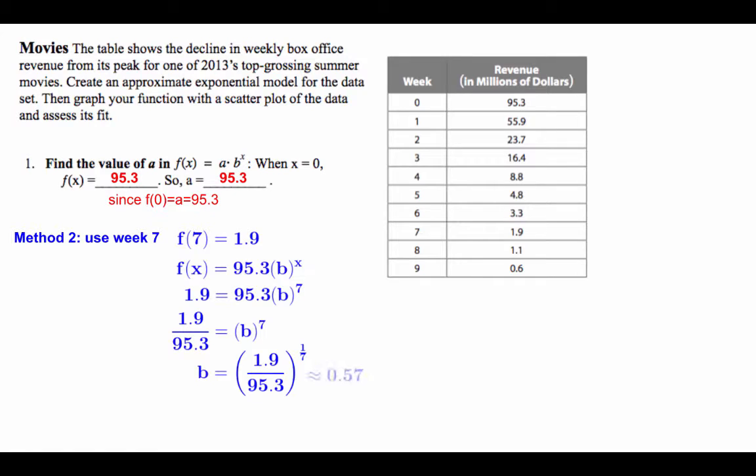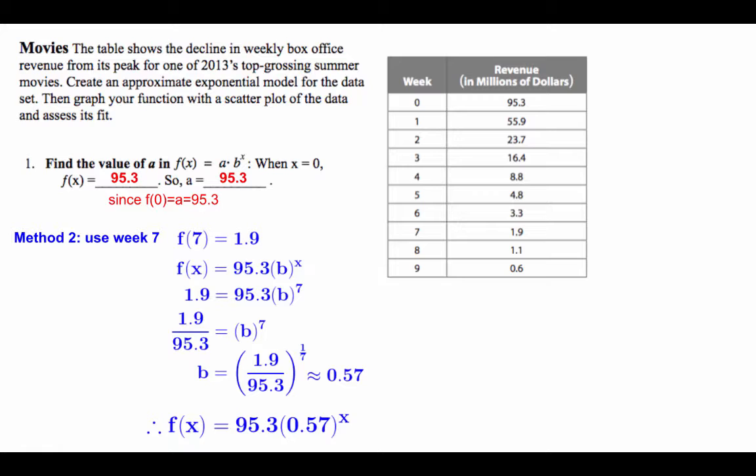That comes out to 0.57. So now that we found the unknown value of the base b, we can state that f of x equals 95.3 times 0.57 to the power of x. So that's what we did in class using method 2.